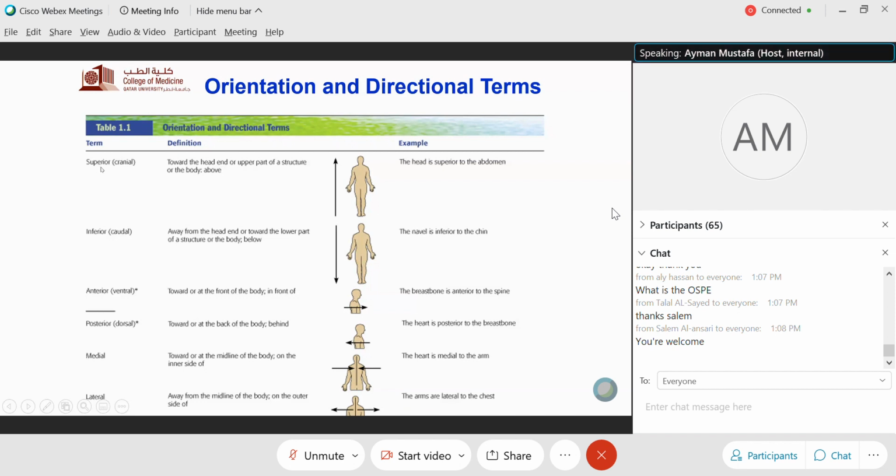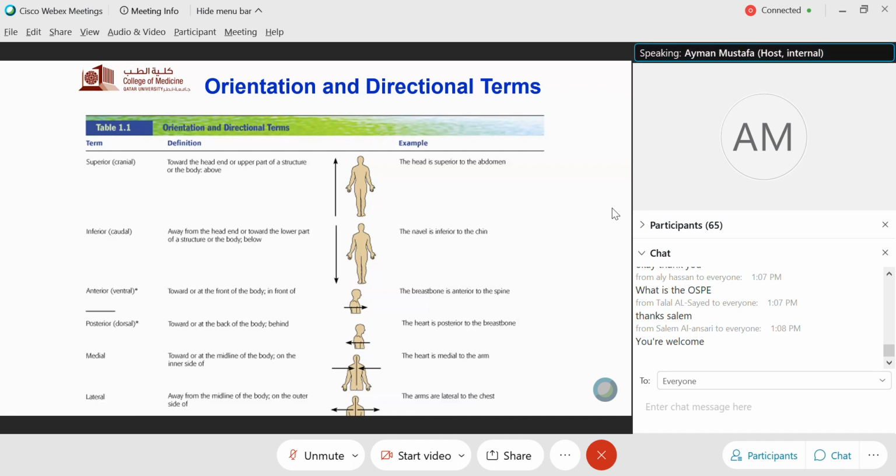Sometimes instead of superior, you will find cranial. Cranial has the same meaning as superior. Sometimes in textbooks you find the word caudal. Caudal means toward the tail. Caudal has the same meaning as inferior.